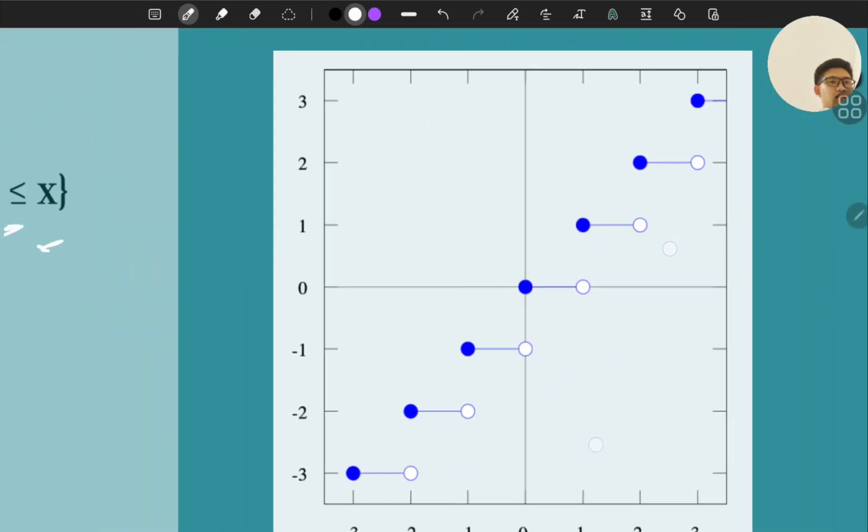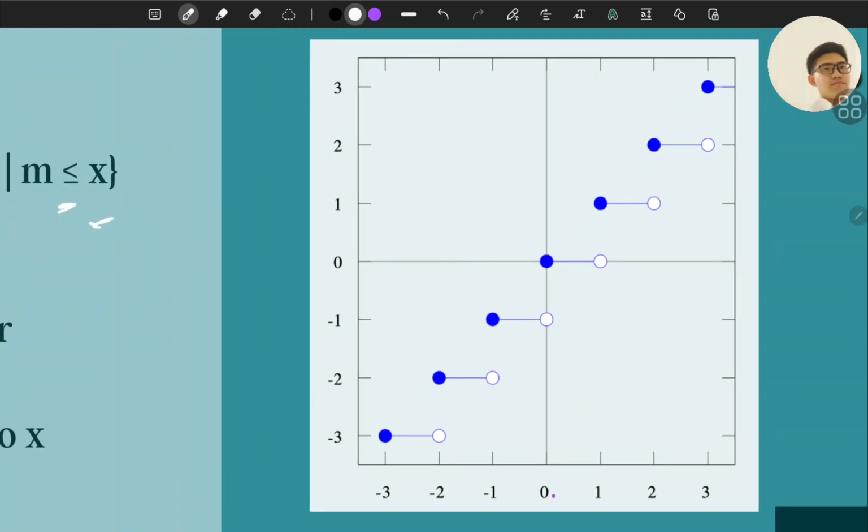So if we look at the graph, we can see that if it's 0, it's 0, if it's 1, it's 1, it's 2, it's 2. So basically also negative 2 is negative 2, etc. So if it's an integer, the function will just return you the integer.